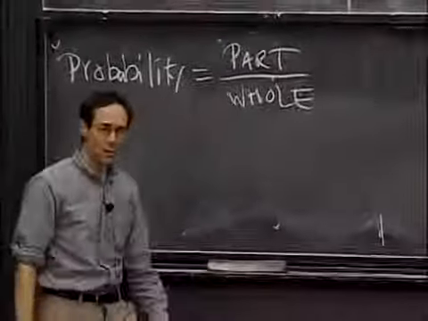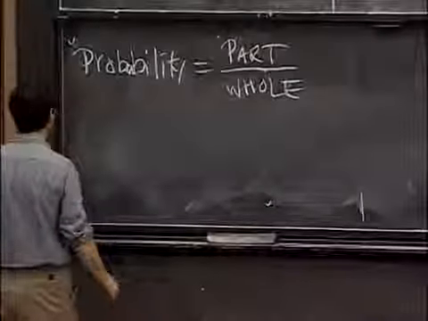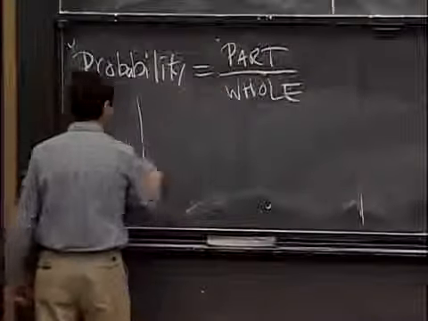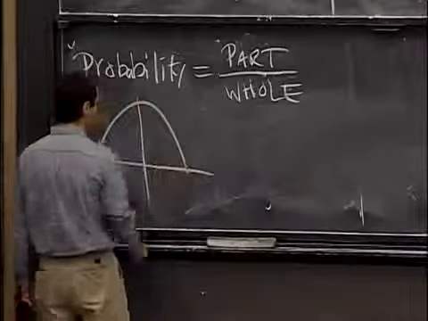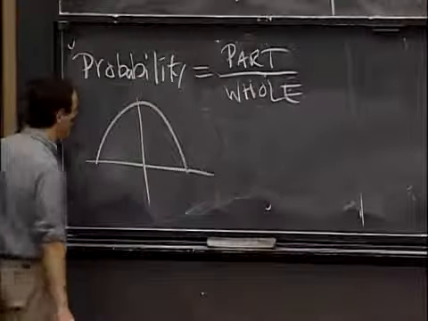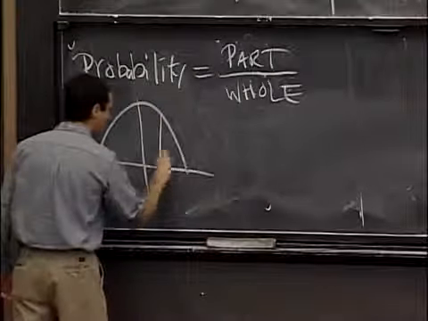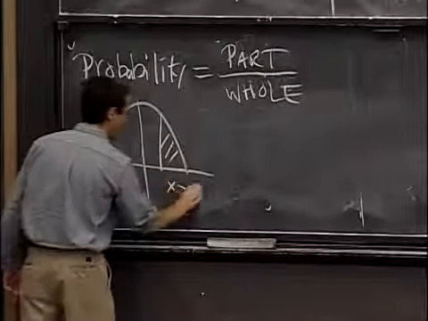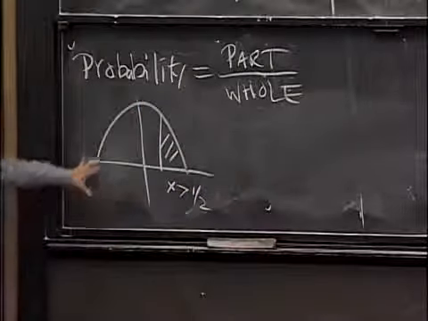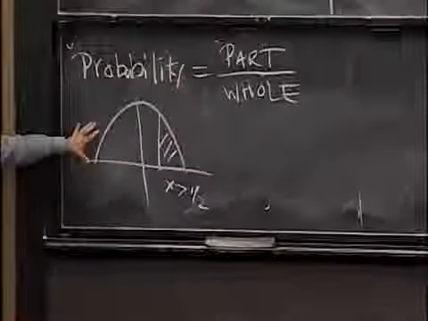It's a ratio just like the one over there. And which is the part and which is the whole? Well, in this picture, the whole is the whole parabola, and the part is the section, x bigger than 1/2. And it's just the ratio of those two areas.